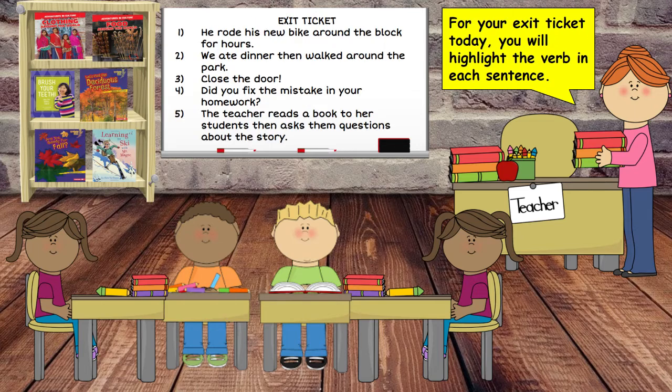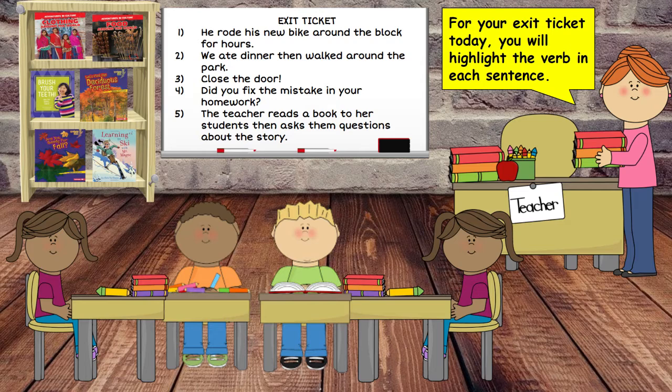For your exit ticket today, you will highlight the verb in each sentence. Number 1, he rode his new bike around the block for hours. Number 2, we ate dinner, then walked around the park.